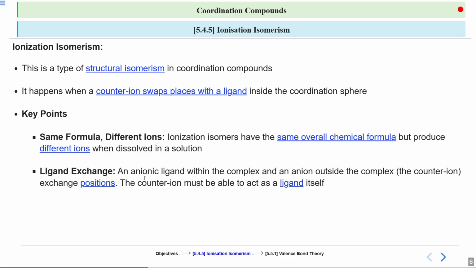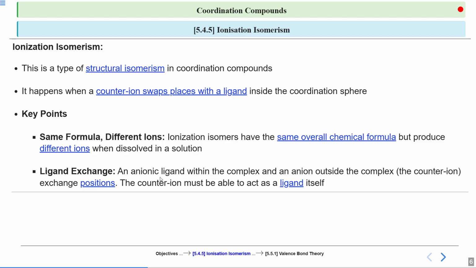So when an anionic ligand is present within the complex, and an anion is present outside of the square bracket, which we call the counter ion, they exchange positions.